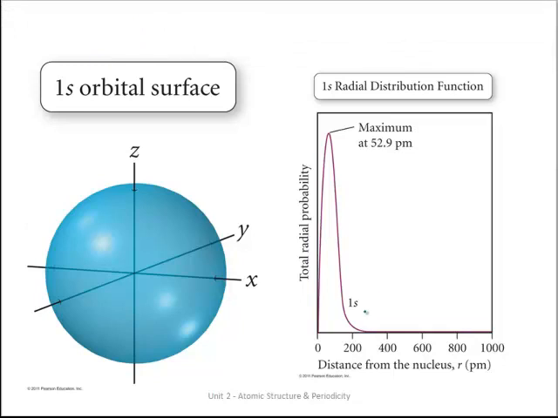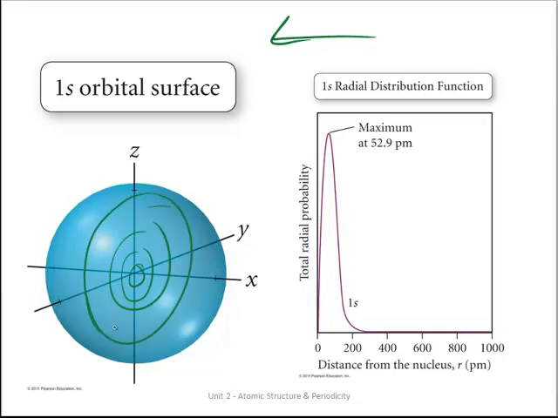Now, as we saw previously, the probability of finding an electron increases as we get closer to the nucleus, but of course the volume of spheres gets smaller and smaller as you get closer. So even though the probability of finding an electron in that sphere very, very close to the nucleus is high, the volume of that sphere is low, which causes the radial distribution function to decrease as we get closer to the nucleus.